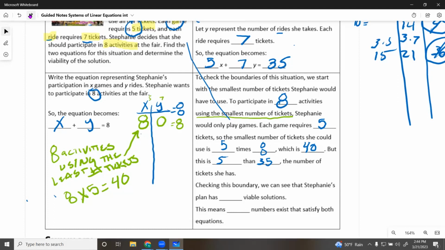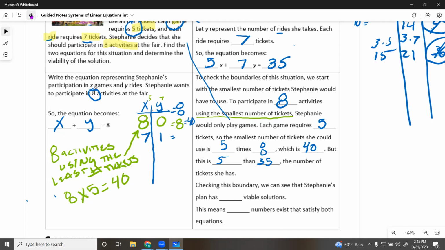So I went through the entire list from both possibilities, and I'm not going to do all the math worked out, but 7 times 5 is 35, 7 times 1 is 7, and 35 plus 7 is 42.